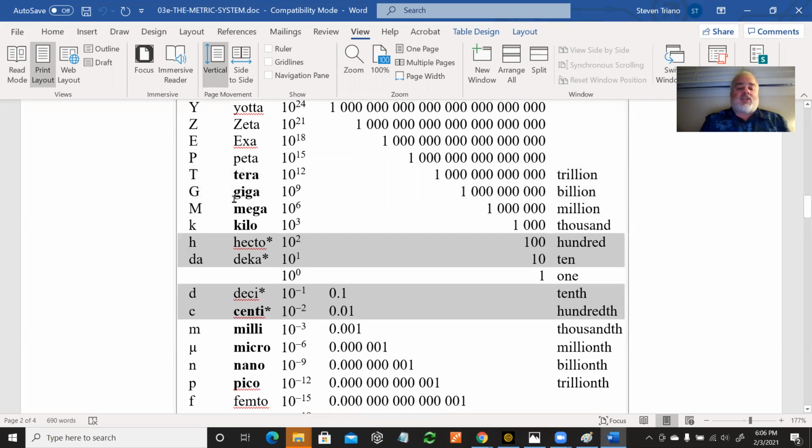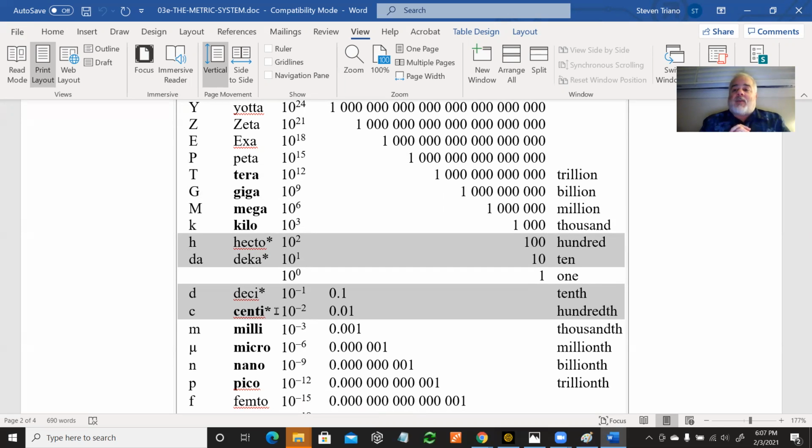So the ones in bold are the ones we tend to deal with more commonly. The ones in gray here, we really don't use much at all, with the one exception of centi, which we use in one situation only that I know of. Centimeters. When we're talking about measurements, we do use centimeters for small measurements with a ruler.